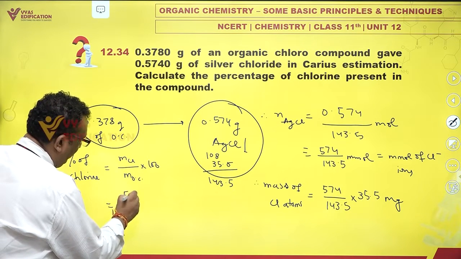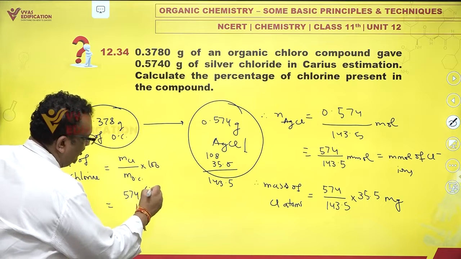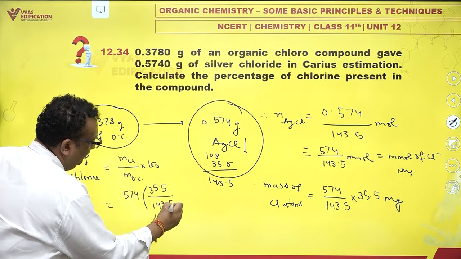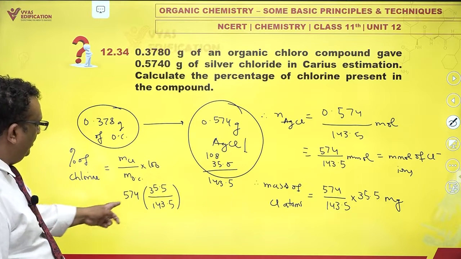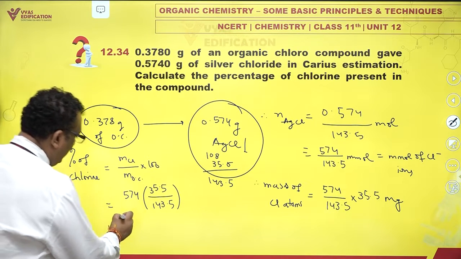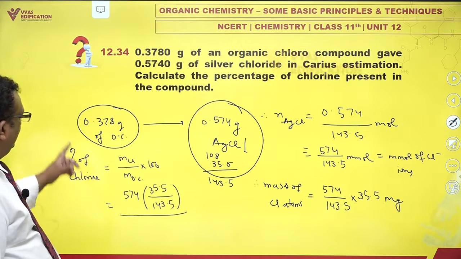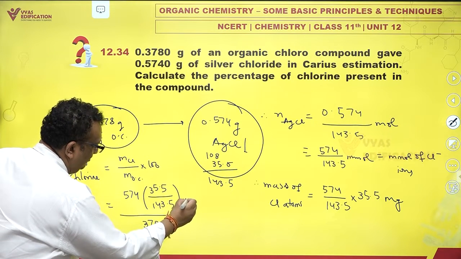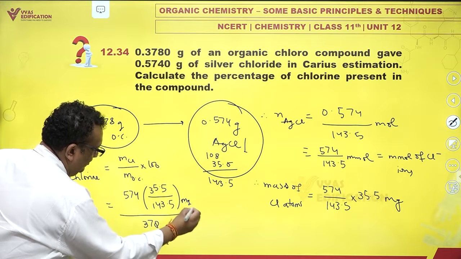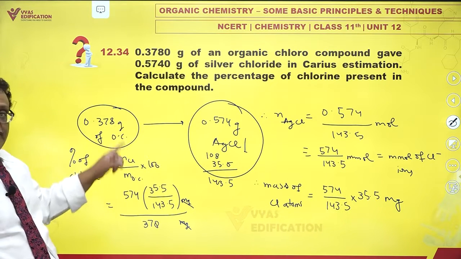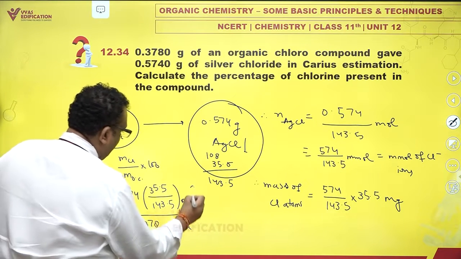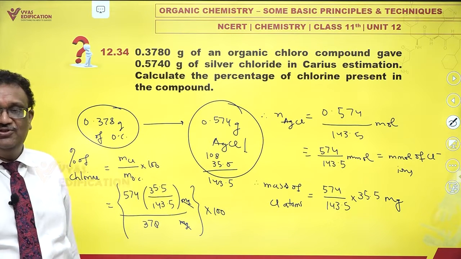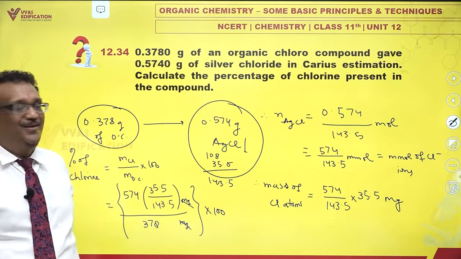So 574 into 35.5 divided by 143.5 milligrams, divided by 378 milligrams. Grams have to be converted to milligrams, into 100. I just have to solve this dirty number and I get the answer.